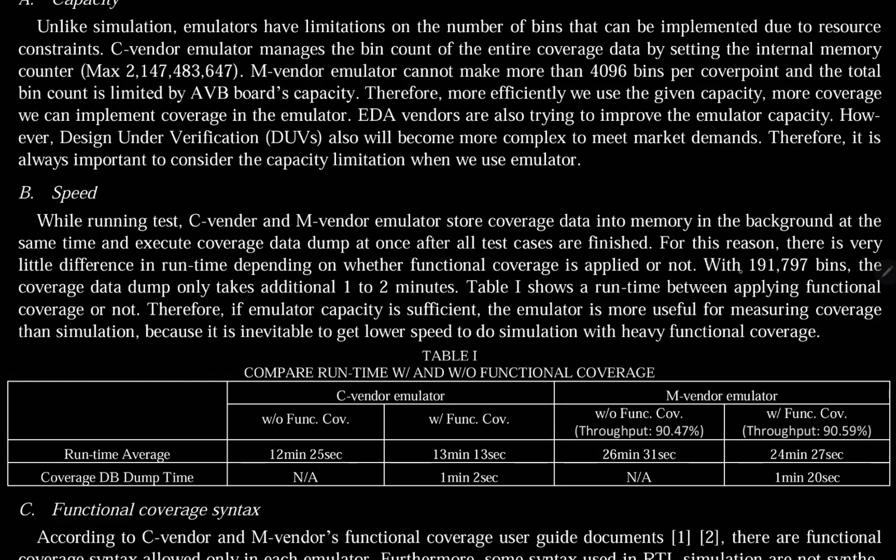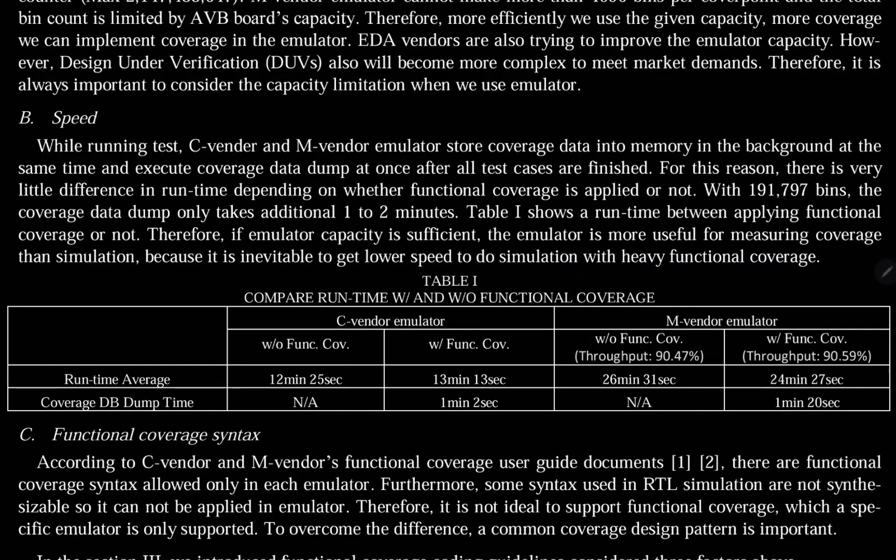With 191,797 bins, the coverage data dump only takes an additional 1 to 2 minutes. Table 1 shows the runtime with and without functional coverage applied. Therefore, the emulator capacity is sufficient. The emulator is more useful for measuring coverage than simulation because it is inevitable to get a lower speed when running simulation with heavy functional coverage.